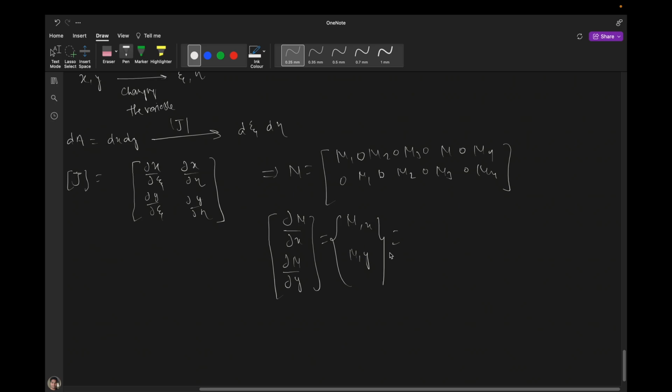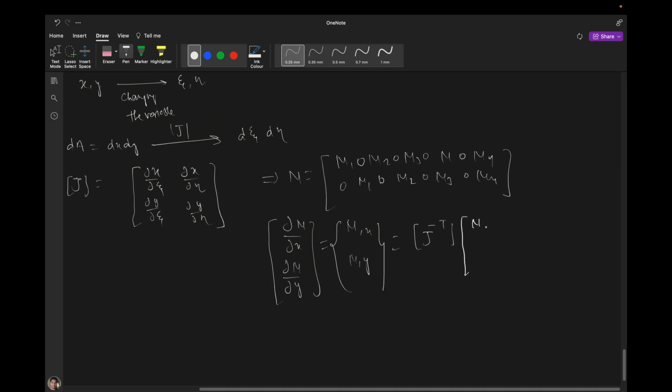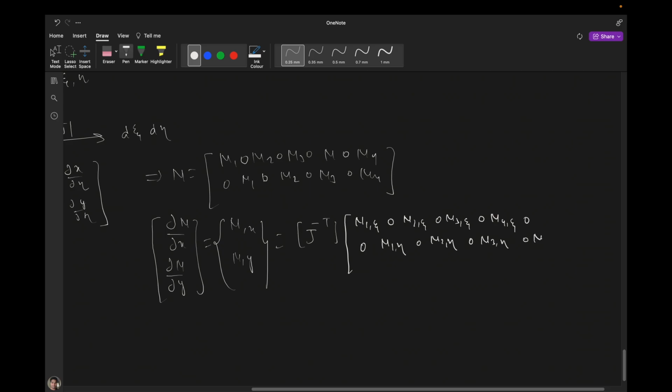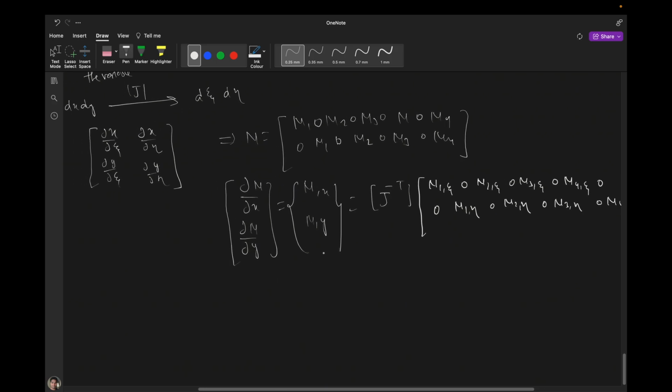If you want to write, then it will be multiplied by the Jacobian inverse transpose matrix, then it will be converted into the matrix n1 xi 0, n2 xi 0, n3 xi 0, n4 xi 0, and similarly here it will be 0, n1 eta 0, n2 eta 0, n3 eta 0, n4 eta. Yeah, so this thing we need to do.